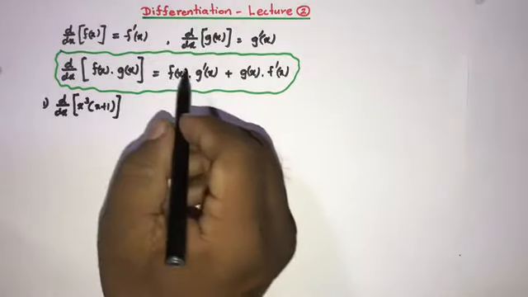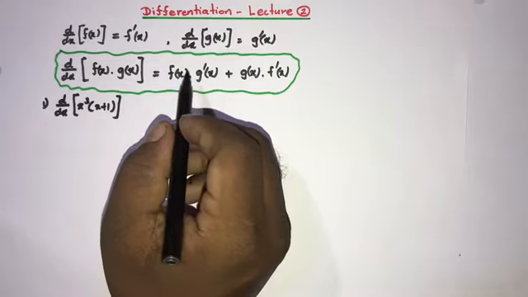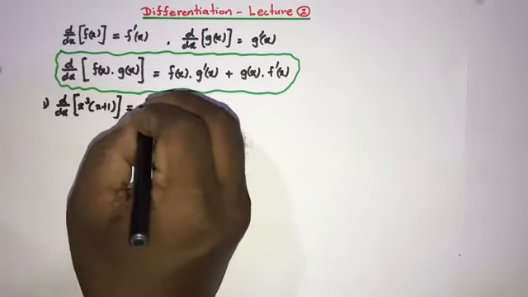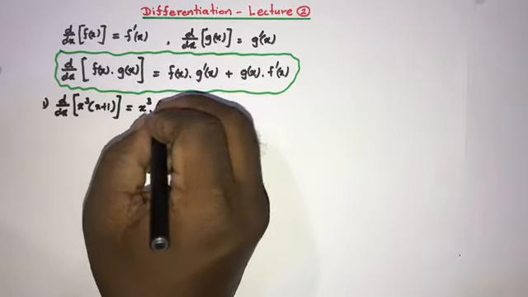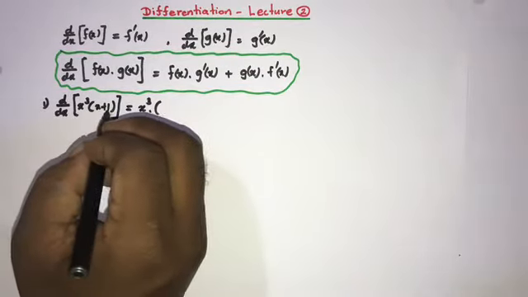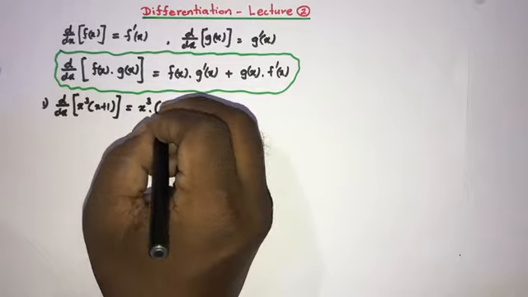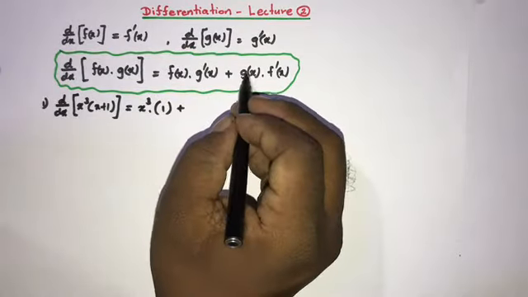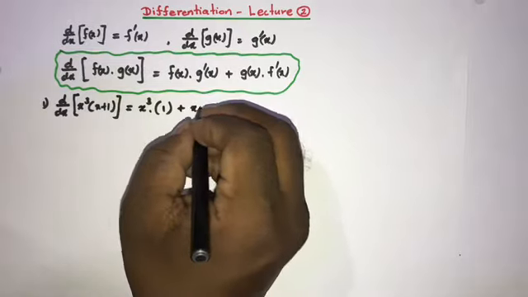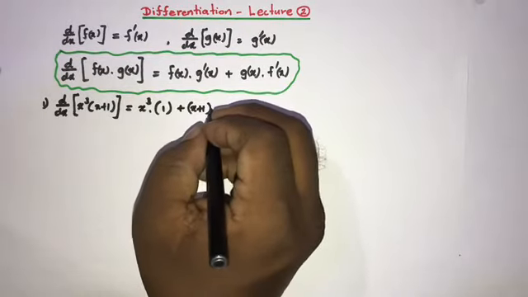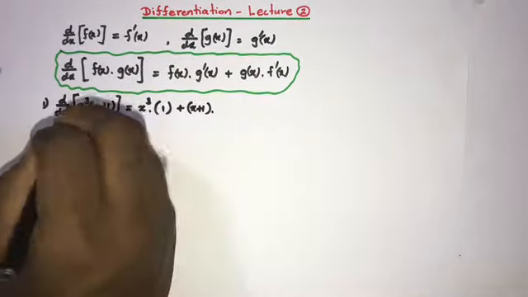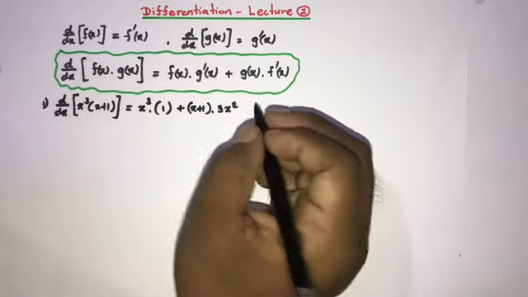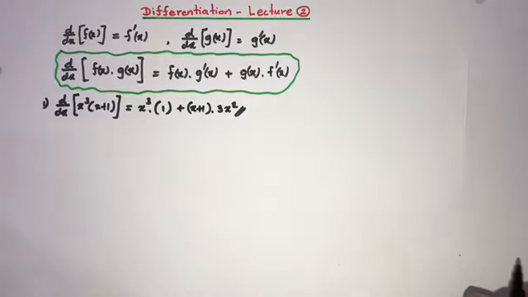So according to the product rule, first rewrite the first function, so x cube, then the derivative of the second function, x plus 1, the derivative of x plus 1 we know is 1, then plus, then rewrite the second function, so x plus 1 times the derivative of the first function, so 3 times x square. Okay, this is the answer.